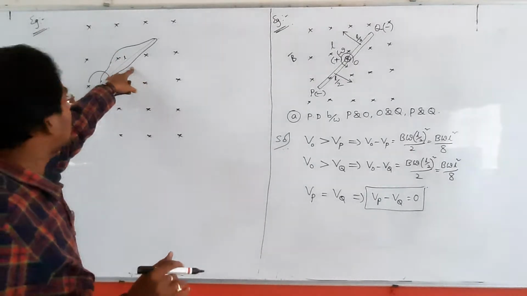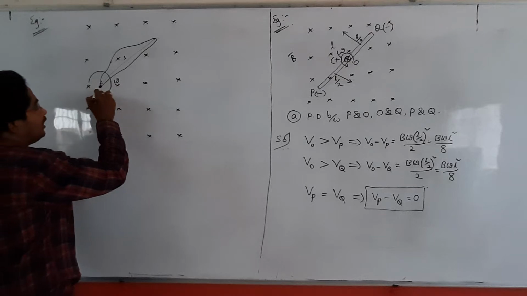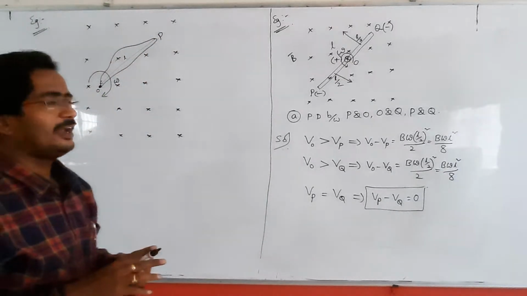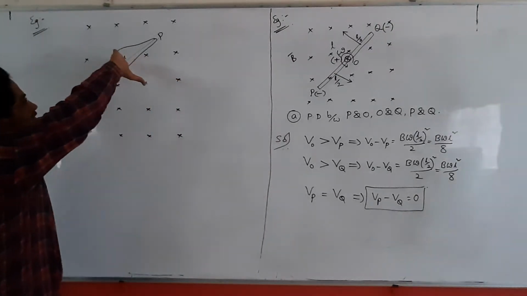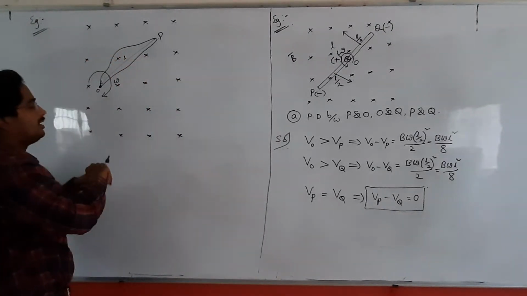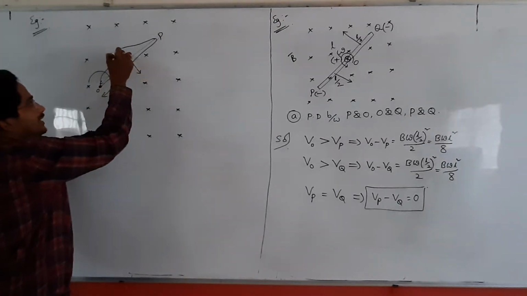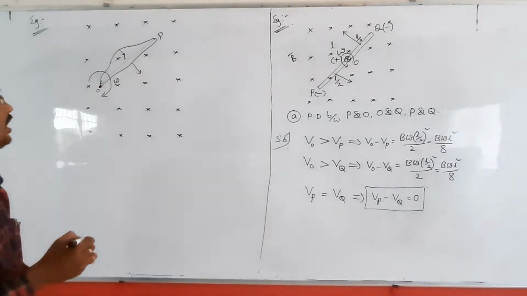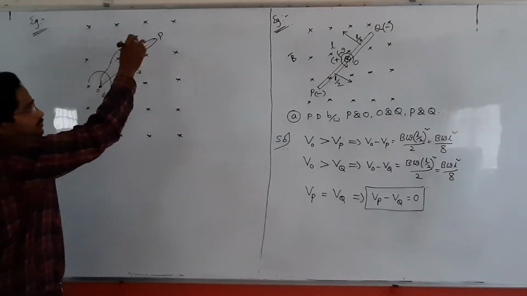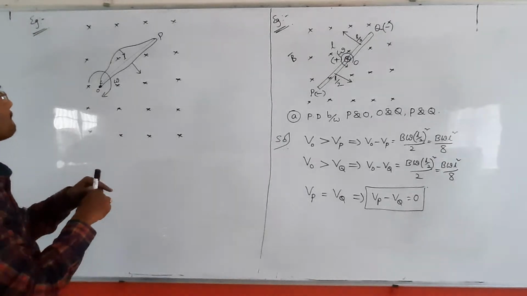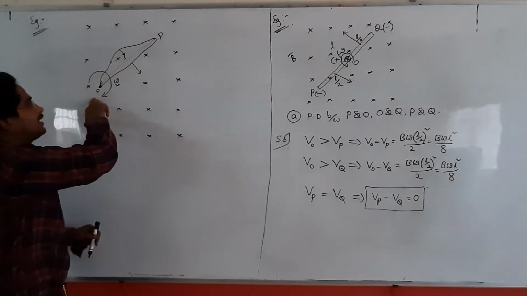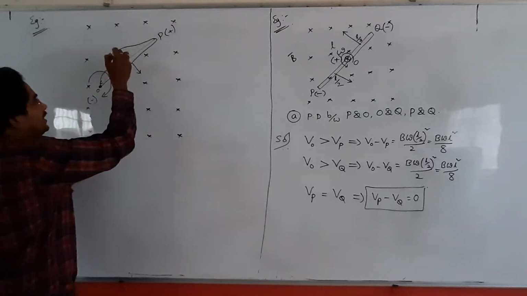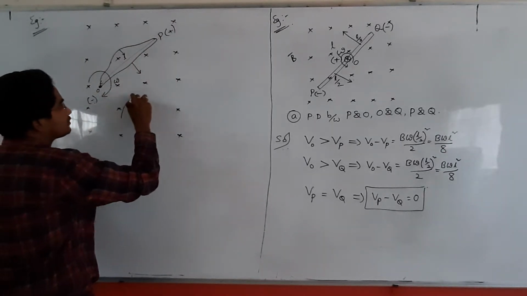What is the induced EMF across this one, between O and P? P is at high potential because these wires are rotating this way. The velocity directions are tangential, and the effective length L I already told you. Then P is at high potential, O is at low potential, that is plus and minus, such that it acts as this wire.